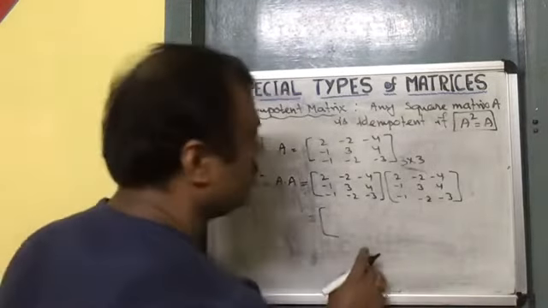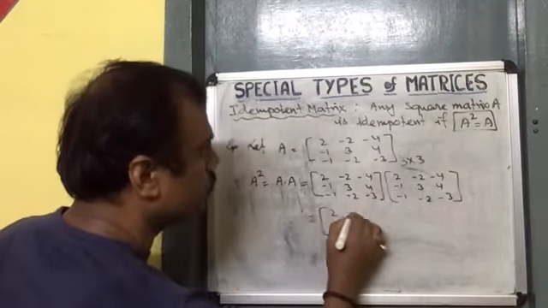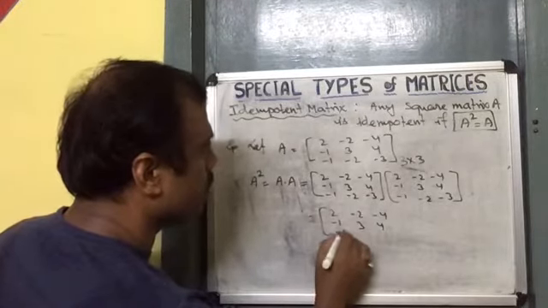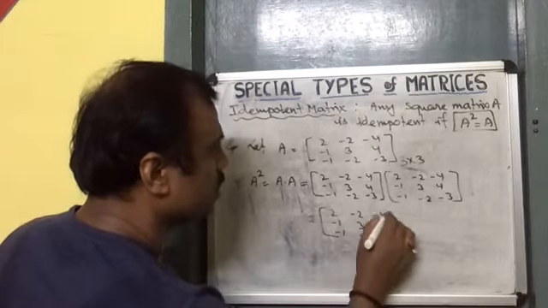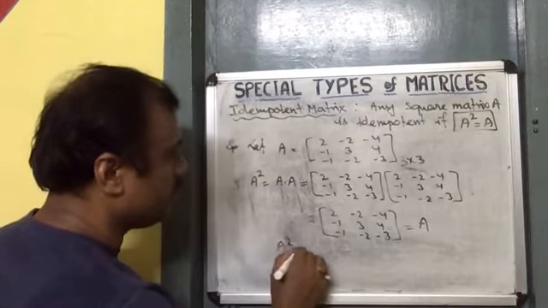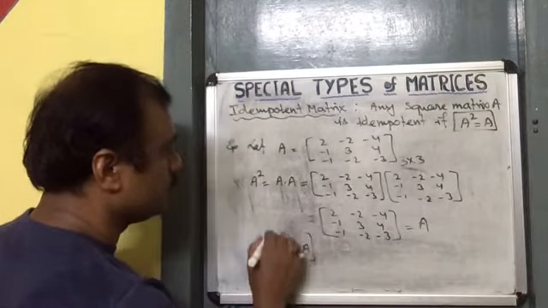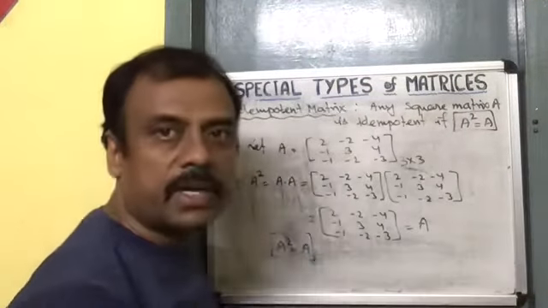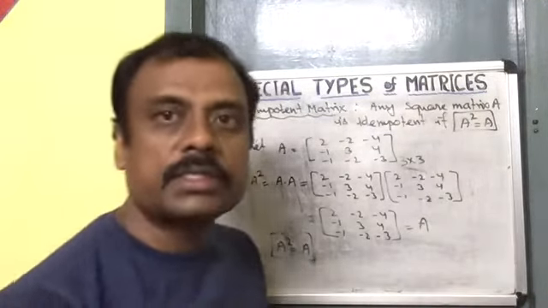If you multiply it, you will get 2 minus 2 minus 4, minus 1 3 4, minus 1 minus 2 minus 3, which is A. Since A square equals to A, so A is an idempotent matrix.